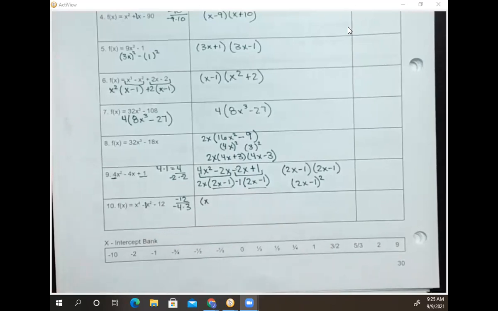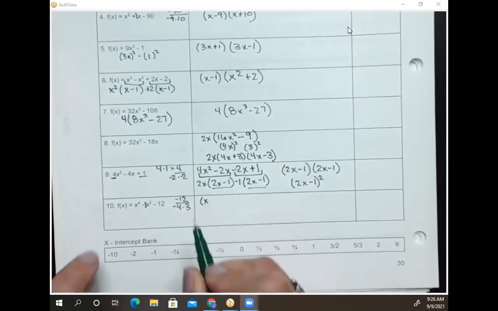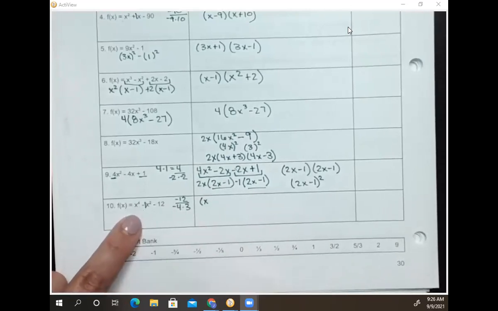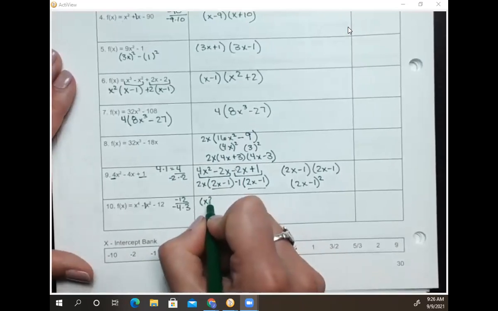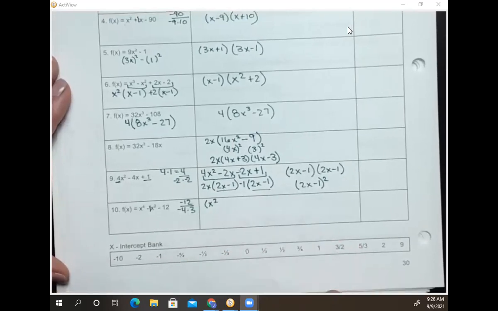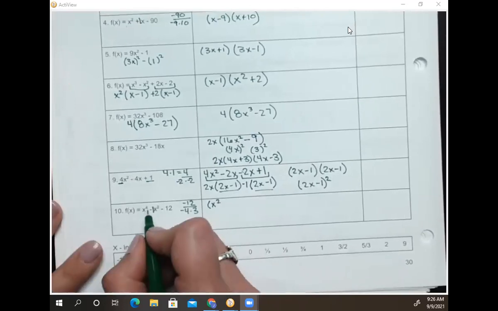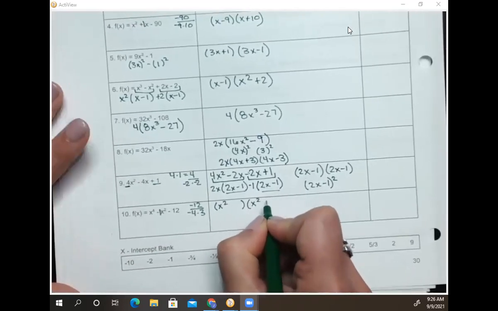Now, there's something else different about this problem. Before I put the x, before I do anything else, see how we had x to the 4th here, and our middle term is x squared? That means that this guy is going to be x squared, not x. If this were x, when I distribute back, I would just get x squared, and I would have a degree of 2. But I need x to the 4th, which means I've got to have x squared times x squared.